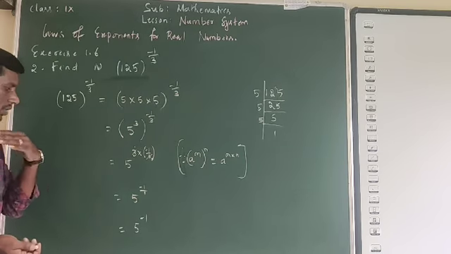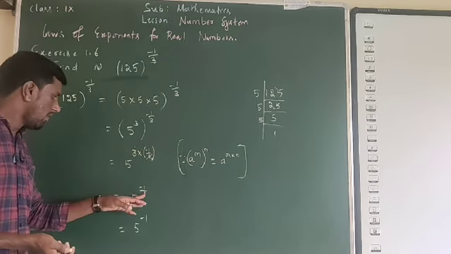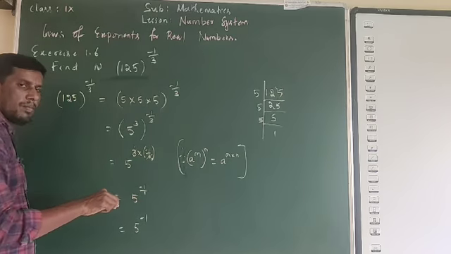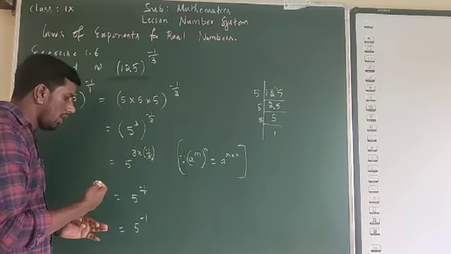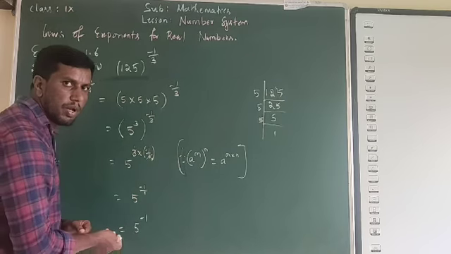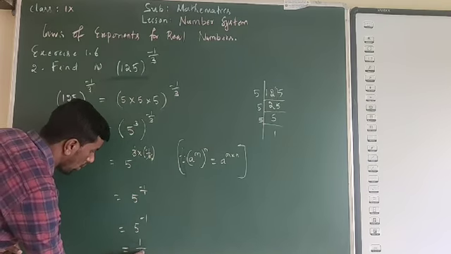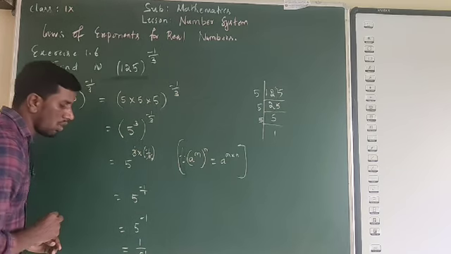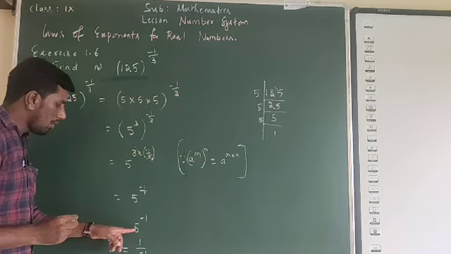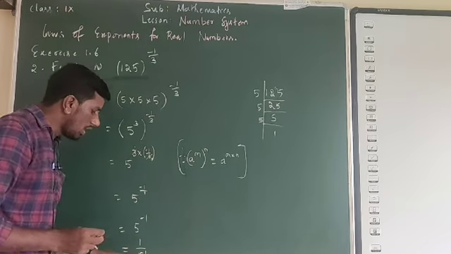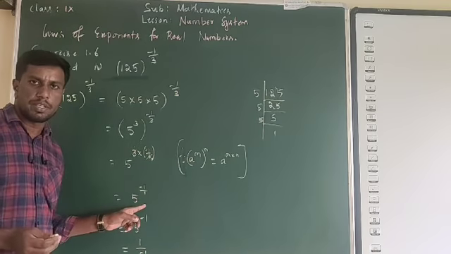Whatever number you divide by 1, you get the number itself. So this is 5 to the power of minus 1. If you want to write it in terms of a positive power, 5 to the power of minus 1 is nothing but 1 over 5 to the power of plus 1. Correct? If you send it to the denominator, the power will become positive.